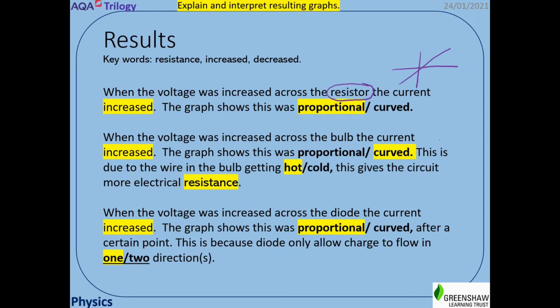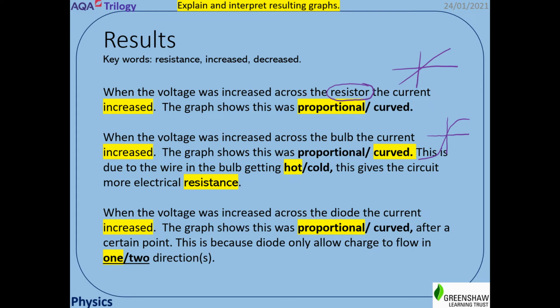When the voltage was increased across the bulb, the current increased, and so what happened there was we were having this S shape. And that was due to the bulb getting hot. That gives the circuit more electrical resistance.